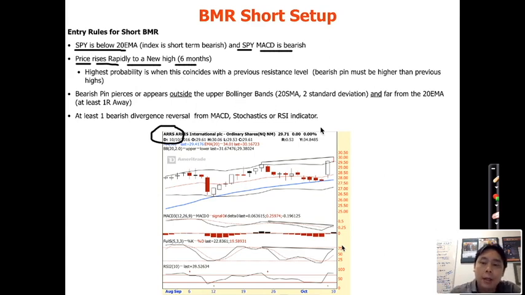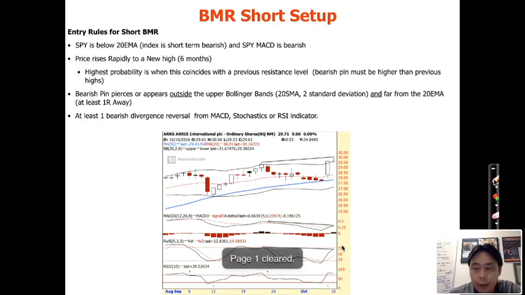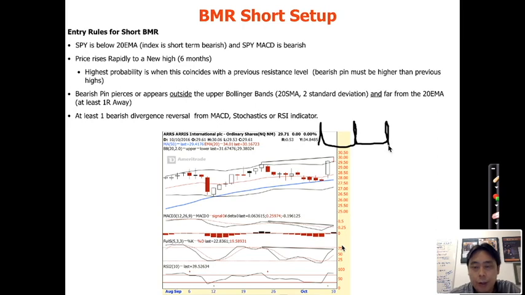For example, if you see that this is a high, that's another high, that's another high. Let me just draw that again. This is a high, that's another high, that's another high. Imagine this is a resistance level.